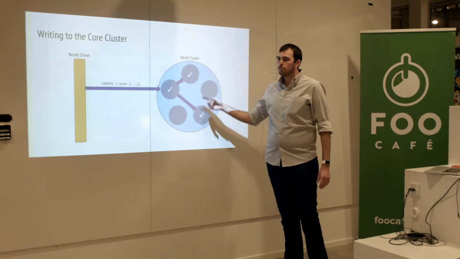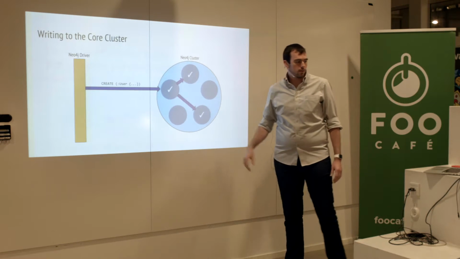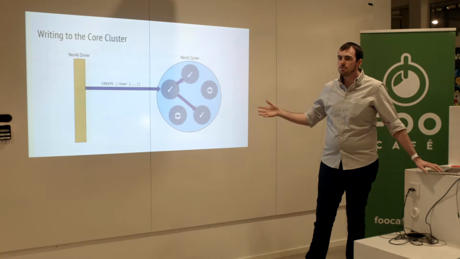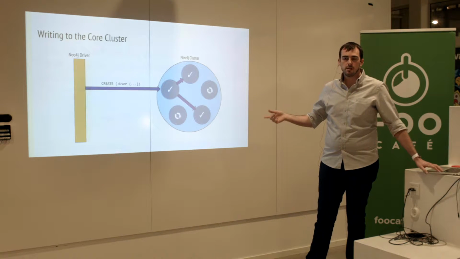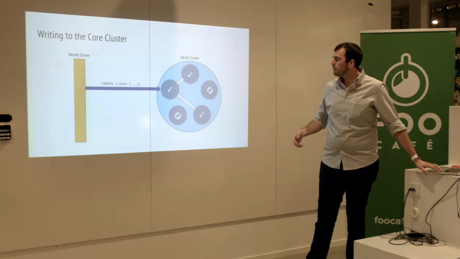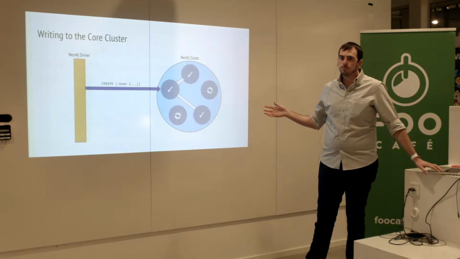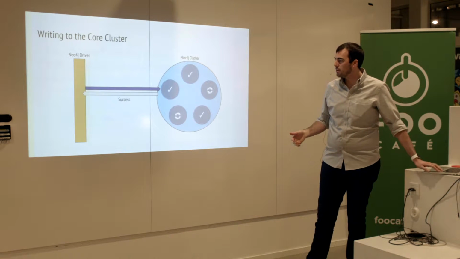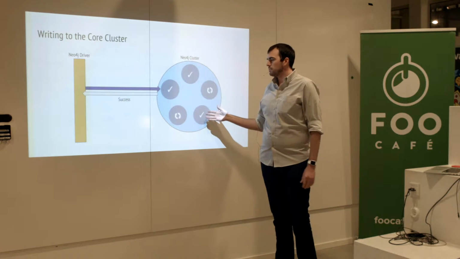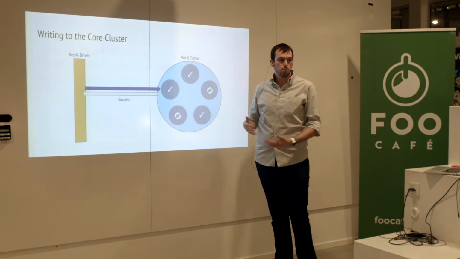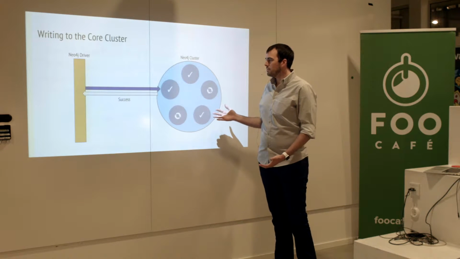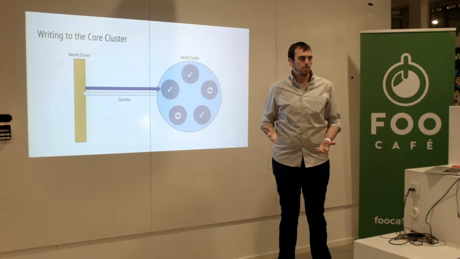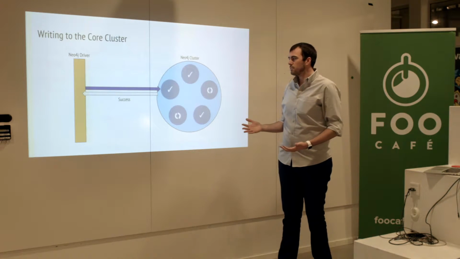Once a quorum of machines have saved it on their servers, there may be some other machines that are still getting the data or processing it somehow. But those machines that have received it will respond back to the initial machine that received the request. And because it has a quorum, a majority of machines have saved it, it's then safe to respond back to the driver, or the end application, and tell you that the data has been saved safely.